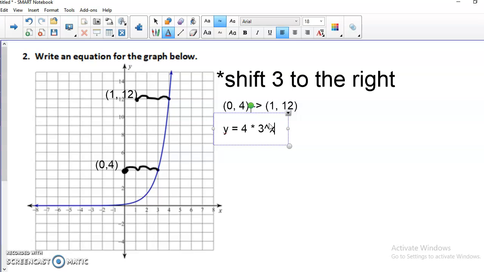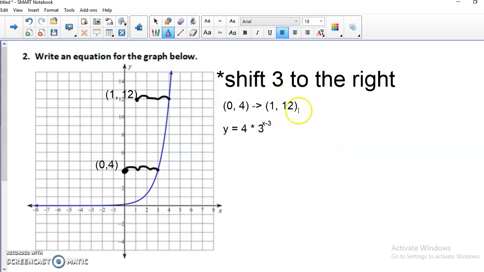So at this point, I would indicate that, and I'll actually make that go up, if I can remember how. I don't think I just do that. I guess so. Okay. So I'd have an x minus 3 on top because I need to show that it shifted right 3.